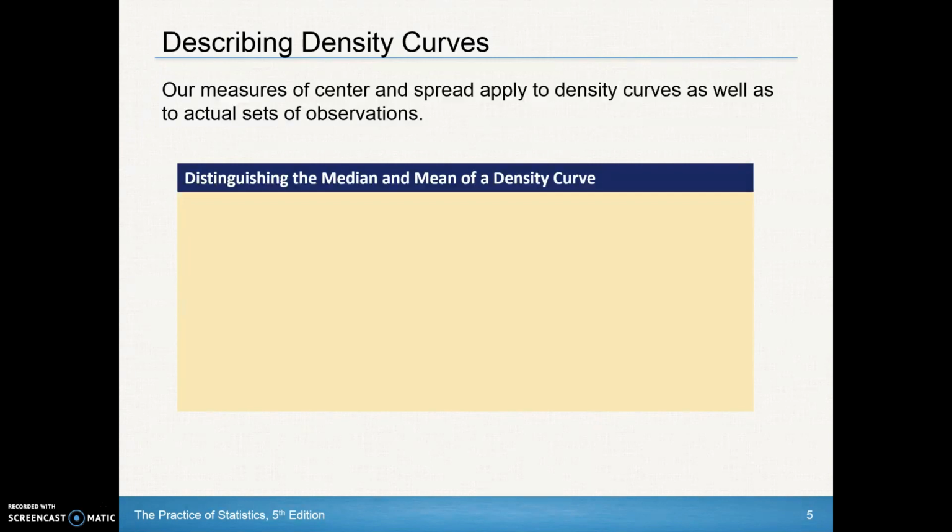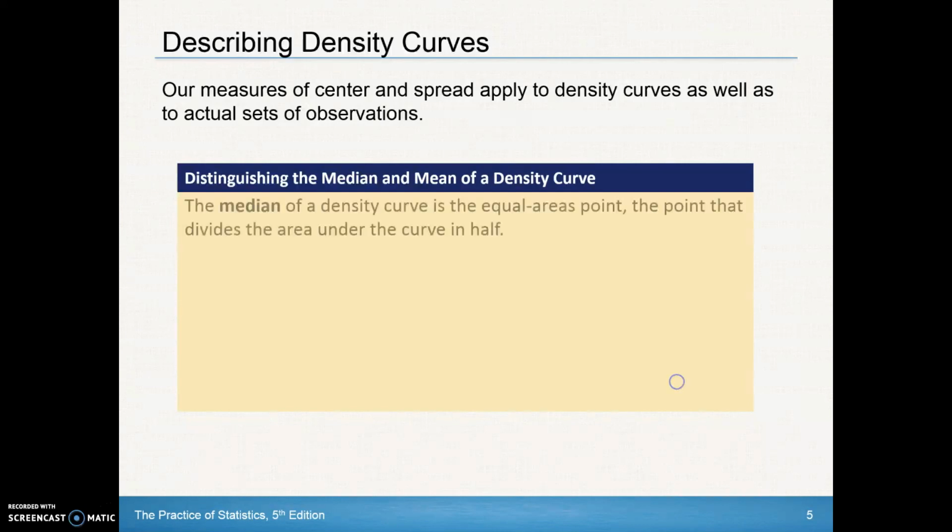of observations. So we're going to be looking at distinguishing between the median and the mean in a density curve. We've done a little bit of that too. Remember we talked about how the mean gets pulled by the tail of a distribution, pulled away from that median.